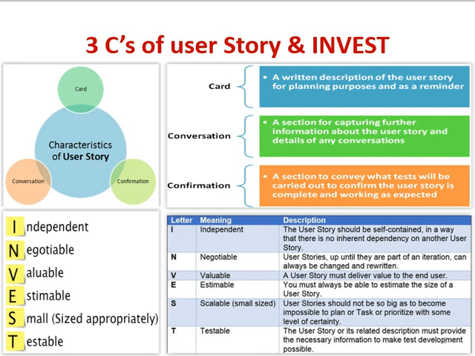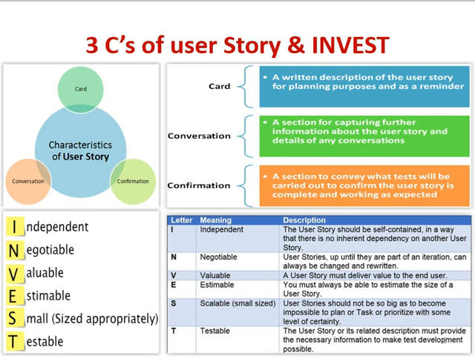In a nutshell, a memorable acronym to keep in mind for a user story is INVEST. That is, the user story should be independent, negotiable, valuable, estimatable, small or scalable, and finally T stands for testable. What does independent mean? The user story should be self-contained, with no inherent dependency on another user story.